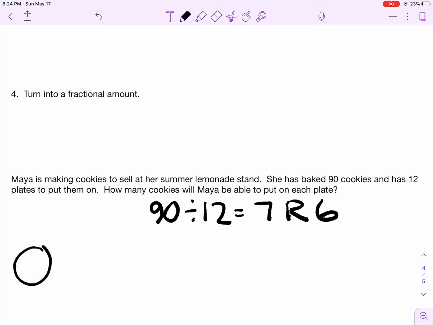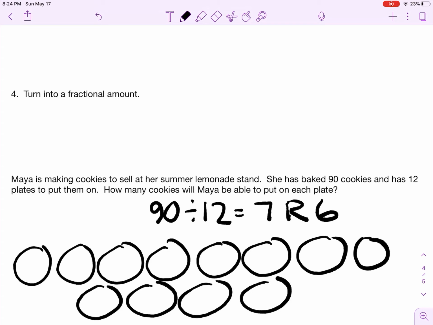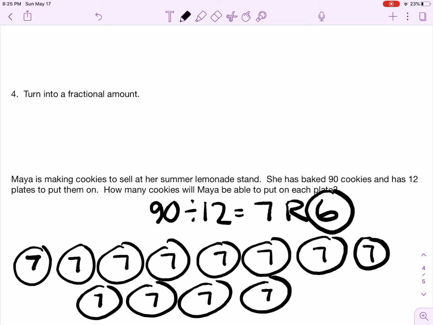So if Maya has 12 plates, and she puts 7 cookies on each plate, she has 6 leftover cookies.